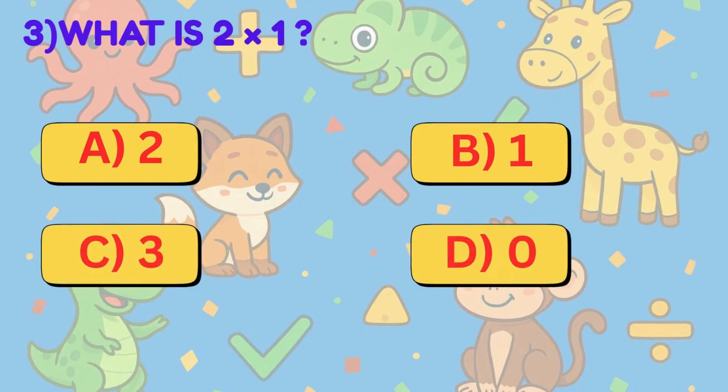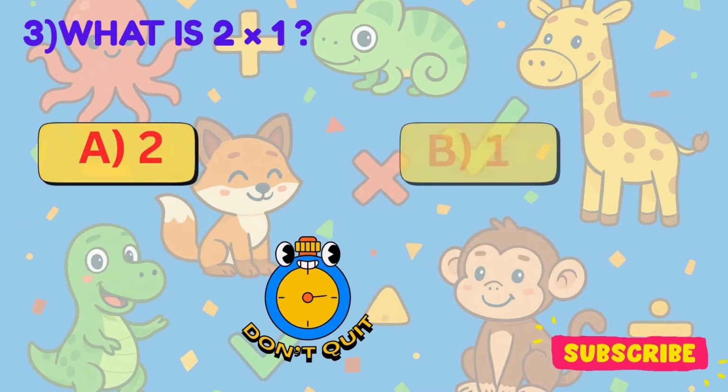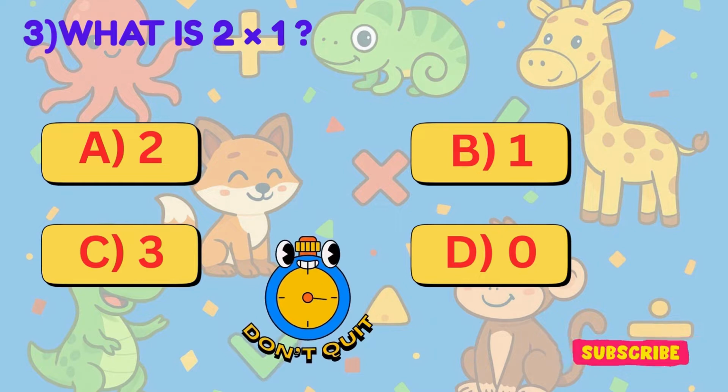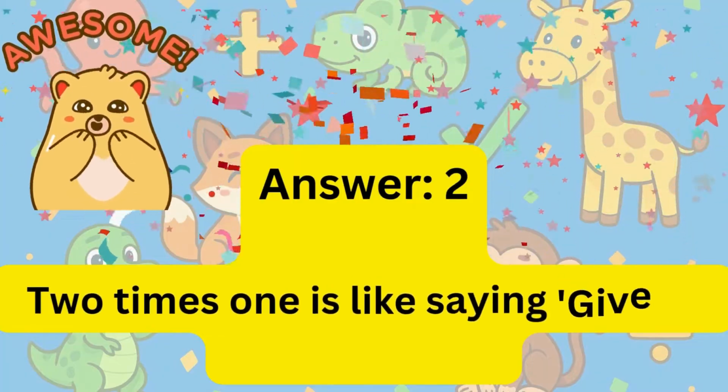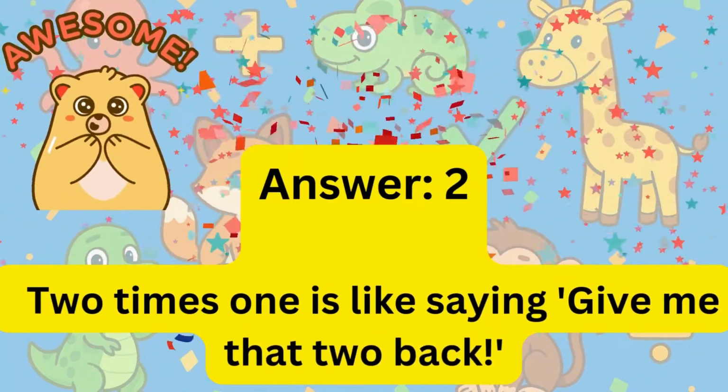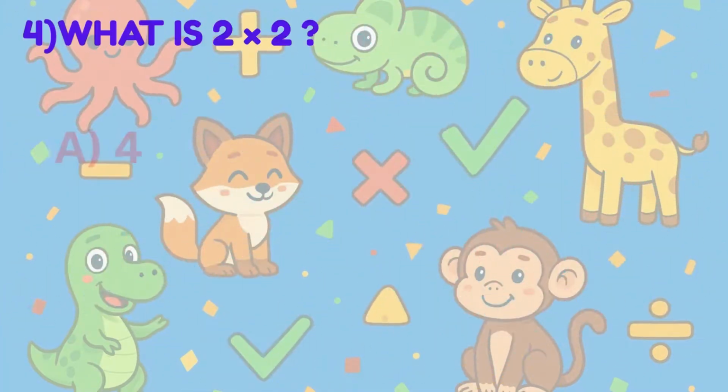3. What is 2 times 1? Is it A, 2, B, 1, C, 3, or D, 0? Correct answer is 2. 2 times 1 is like saying, give me that 2 back. 4.